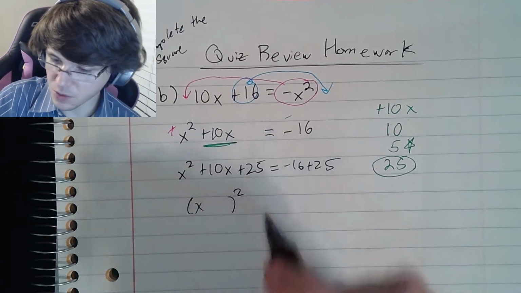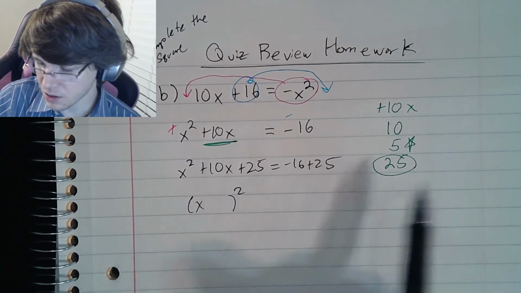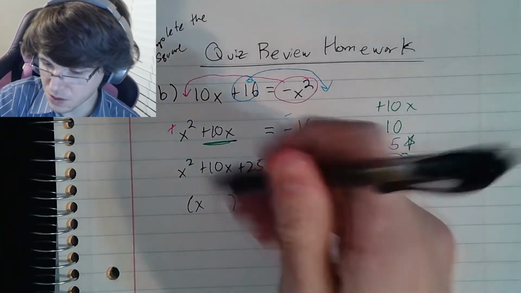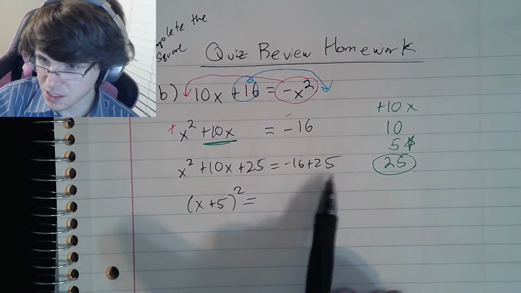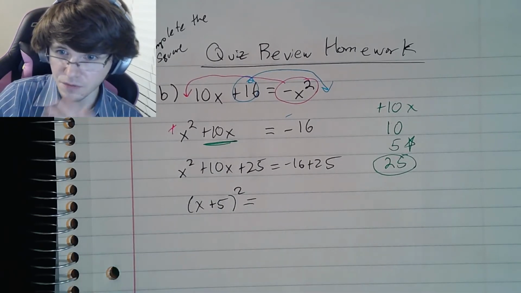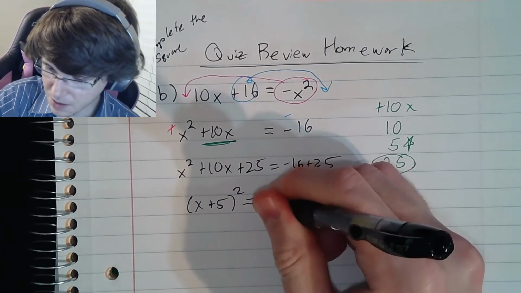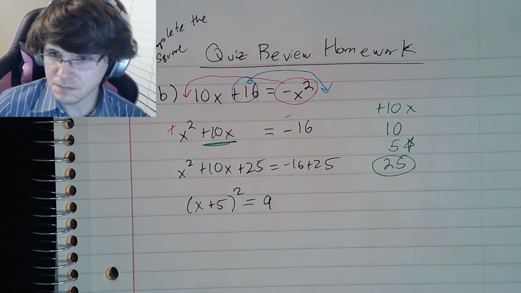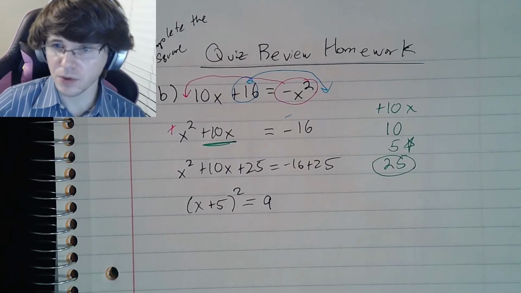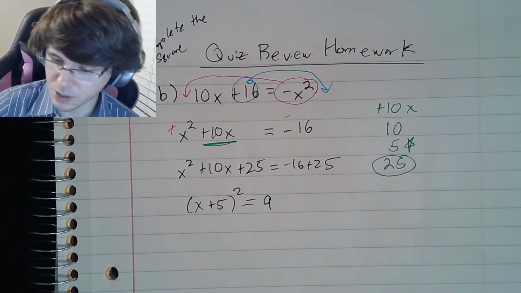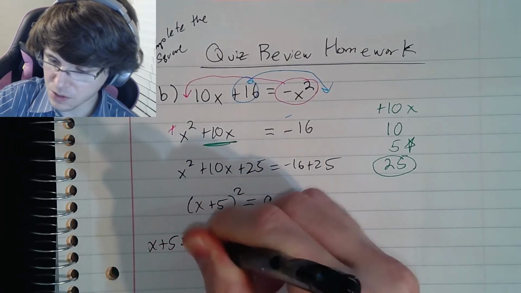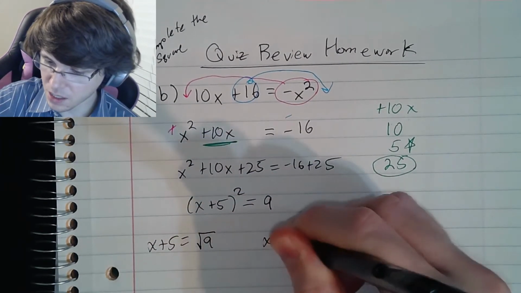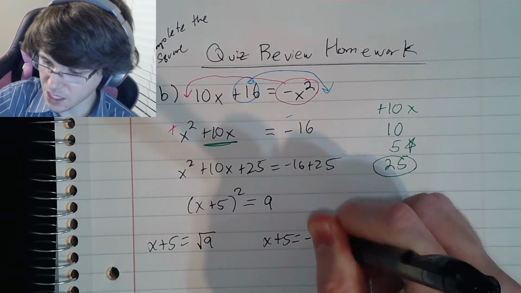It is a perfect square, and the thing that goes on the inside here is whatever you starred over there. So in this case, we starred positive 5. Negative 16 and 25. Use a calculator if you need to, but that turns out to be 9. Continuing on, we did a whole lot of this in that last video. We split this into 2 separate questions: x plus 5 equals the square root of 9, and x plus 5 equals negative square root of 9.